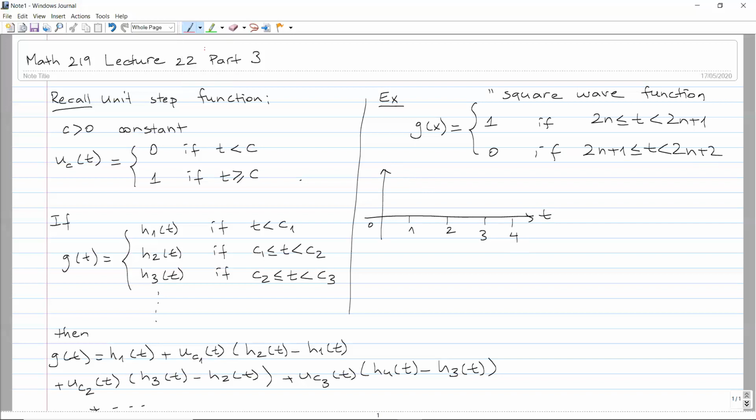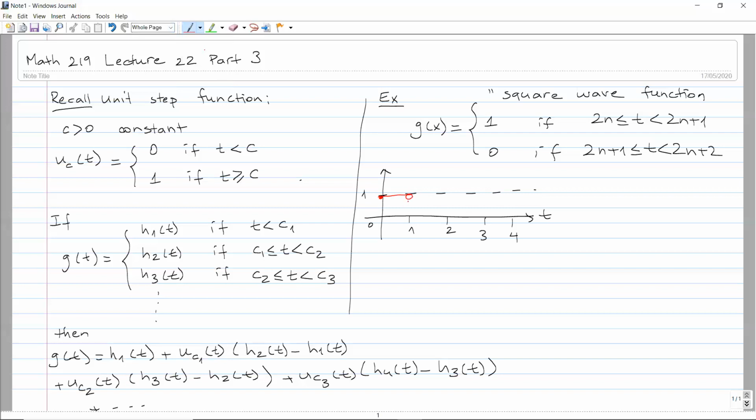So our function, between the interval from 0 to 1, takes the value 1. So let's say here is 1. Our function takes the value 1 from 0 up to 1.